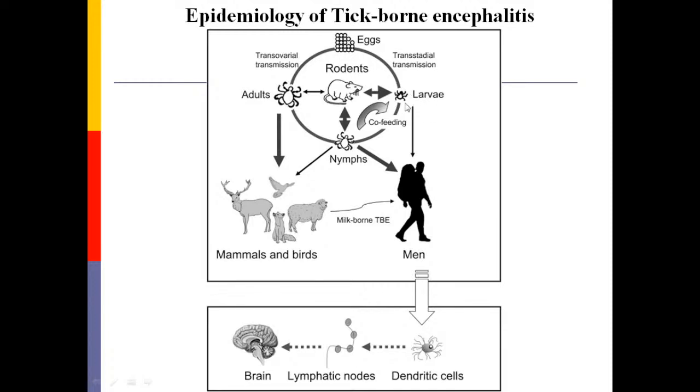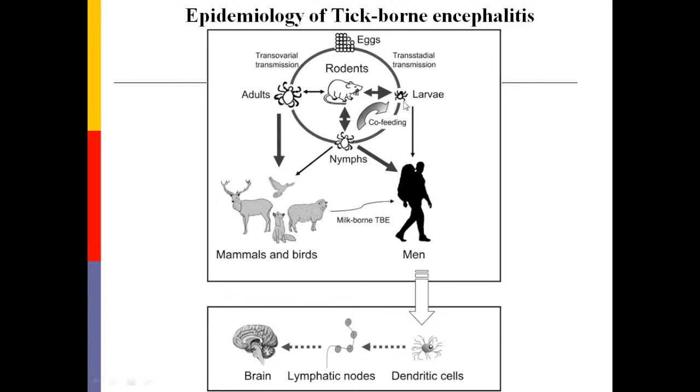After winter, larvae that grow from eggs infect rodents. It happens when? It happens in early spring, especially in April and May, when it becomes warm in Russia.